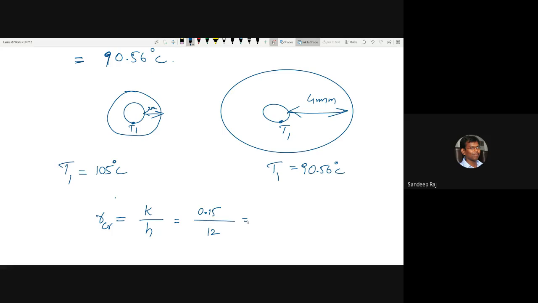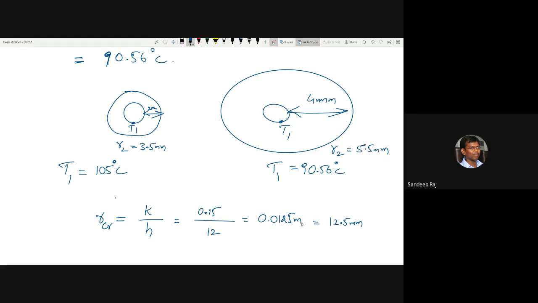What is this value? 0.0125 meters. If I take it in radius, it is 12.5 mm. Okay. And here, what is the radius in this case? What is R2 here? It is 3.5 mm. Here R2 is 5.5 mm.